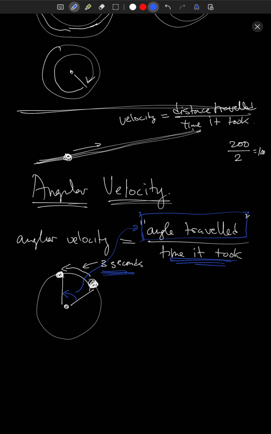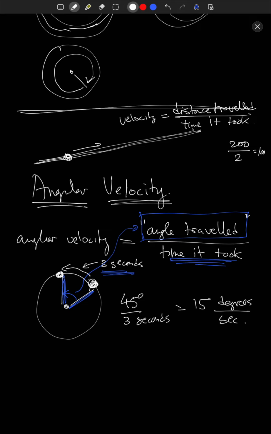All right. So if I measured this angle to be 45 degrees or pi over 4 radians, then my angular velocity would be 45 degrees over 3 seconds or pi over 4 radians over 3 seconds. If I use 45 degrees over 3 seconds, that would be 15 degrees per second. So those would be my units.